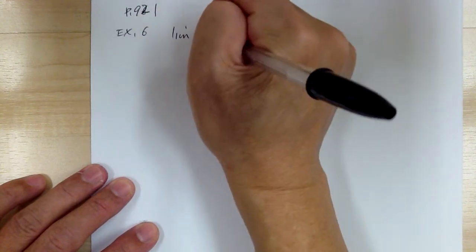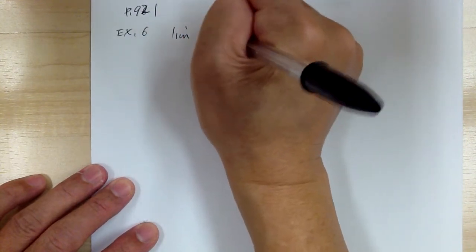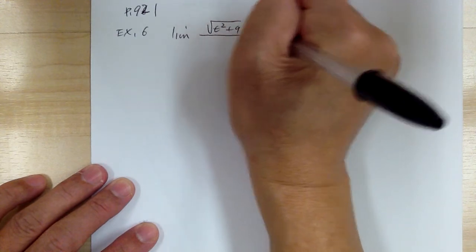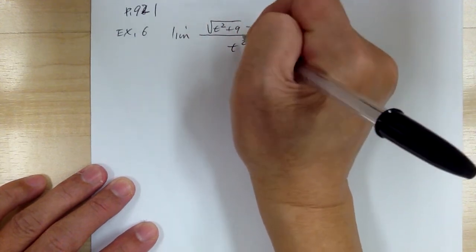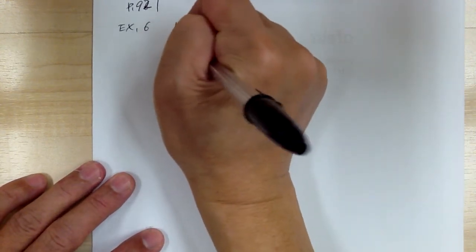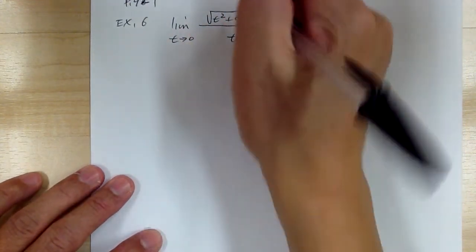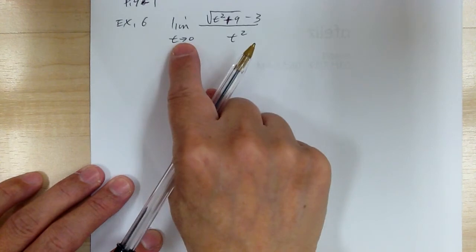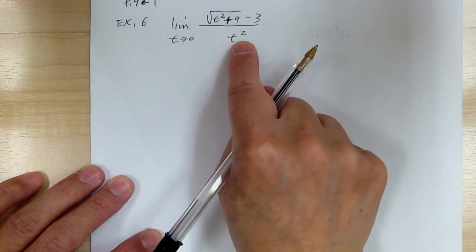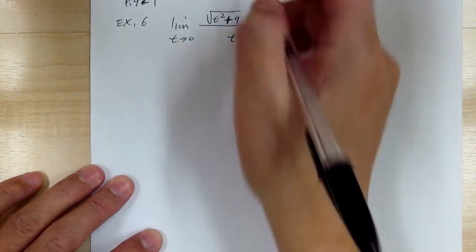You have the limit of square root of t squared plus 9 minus 3 over t squared as t approaches 0. Okay, so when you try to substitute directly, again, you're going to end up with 0 in the denominator.